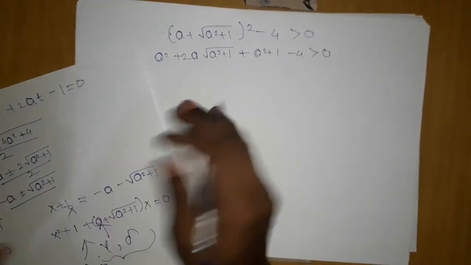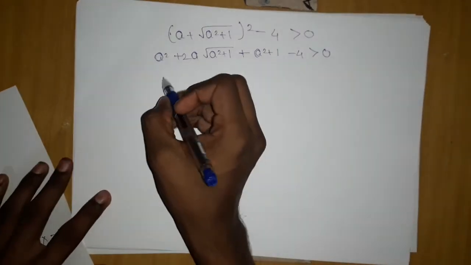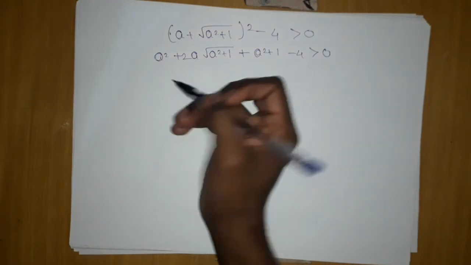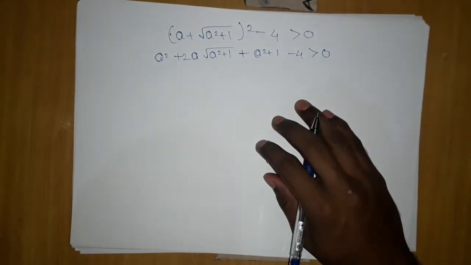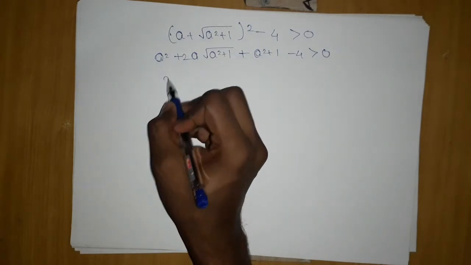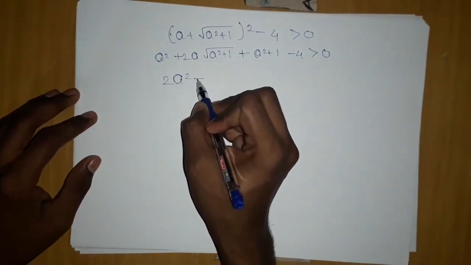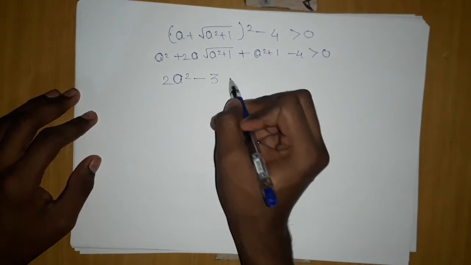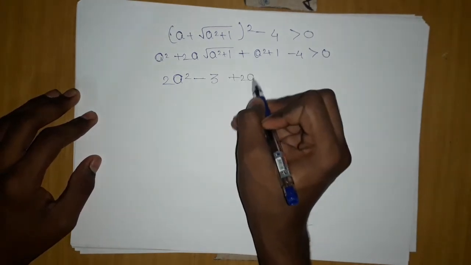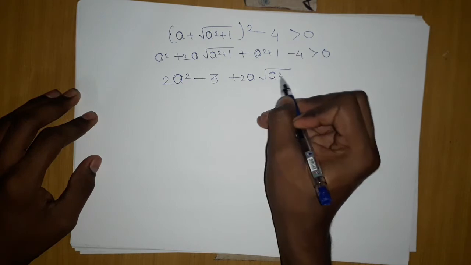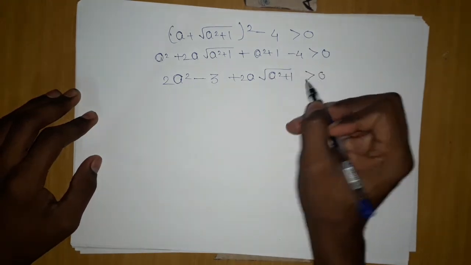So we get 2a square minus 3 plus 2a under root a square plus 1, which should be greater than 0.